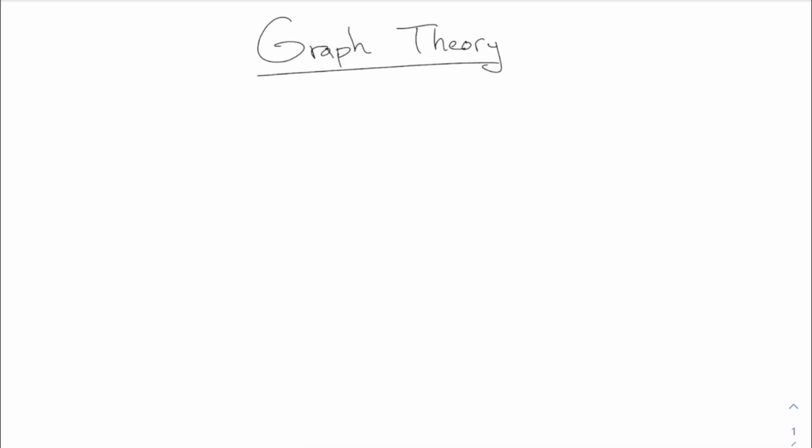Graph theory is a big deal in mathematics. This is not related to the graph of a function, which I'm sure is something that you've all heard of and done a lot with in high school. Unfortunately, that thing is called a graph of a function. That's different from a graph in graph theory. So the word graph is used for two completely different things, and this is the other thing.